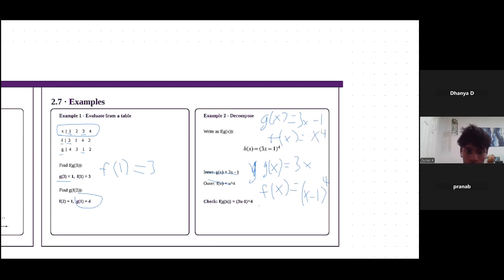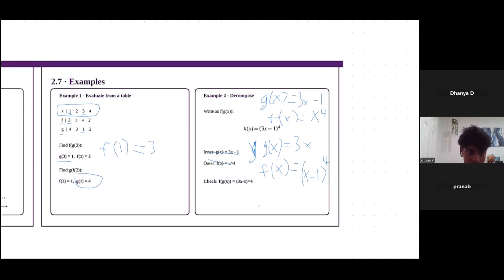So first, and this time we're using these, right? Here, I'll erase these. We're using these two now. So u to the fourth and 3x minus 1. So we're doing f of, and then g of x is just 3x minus 1, so we're going to replace that.